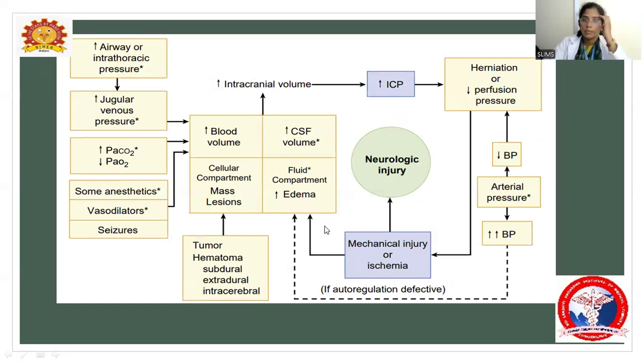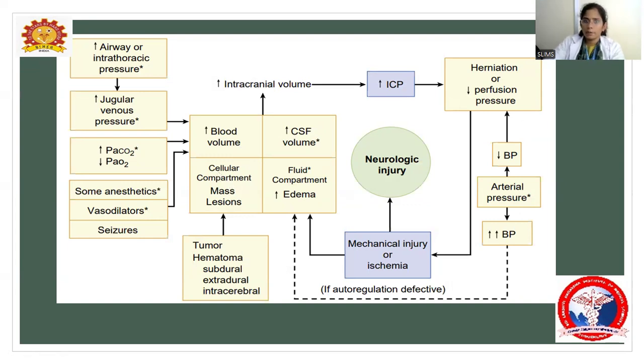So this is a flow chart depicting what are the contents of the cranium and how increase in each content will affect it. The main four contents include blood volume, CSF volume, cellular compartment, and fluid compartment. Blood volume includes both arterial as well as venous compartment. In the cellular compartment, what are the causes of increase?